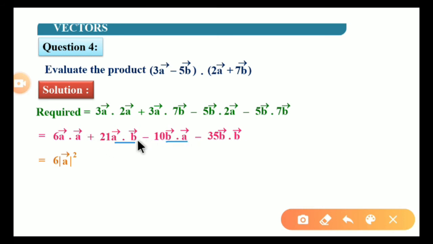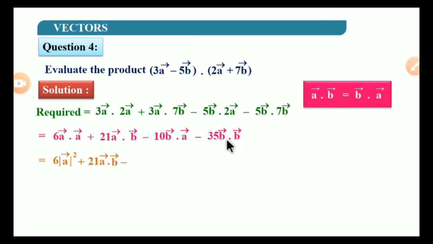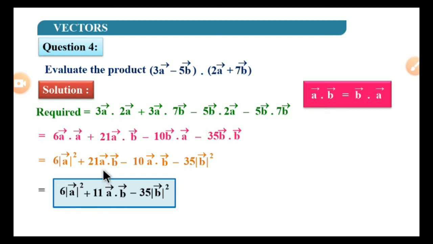Plus minus means you have to subtract. So 21 minus 10 becomes plus 11, plus 11 a dot b, and the remaining is minus 35 b dot b, that is minus 35 magnitude of b square, right? And here we can subtract both of them. Here we will be having 6 into magnitude of a square plus 11 into a dot b minus 35 into magnitude of b square. So it is the evaluation of this whole product.